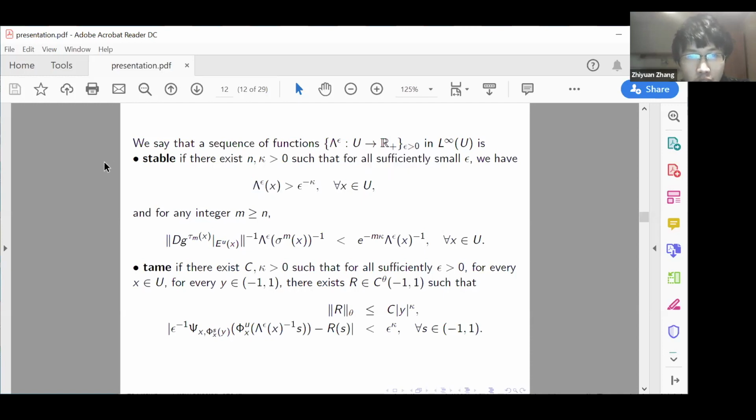Then the scale we'll consider is the inverse of this. So let me draw a picture to describe this. You take an x, and you take an interval of this size, and this is unstable.